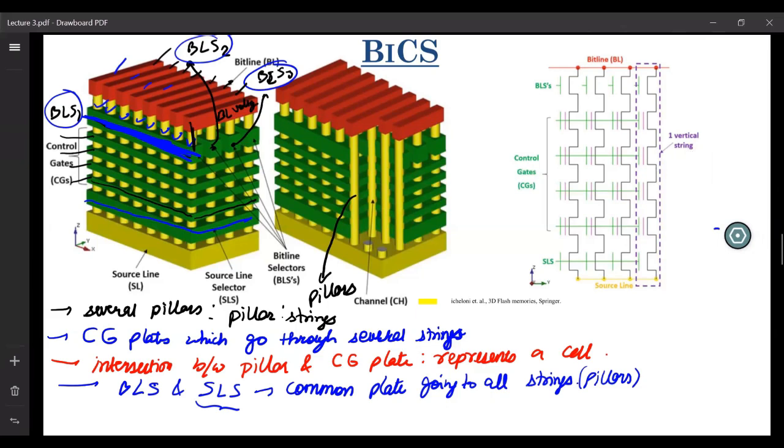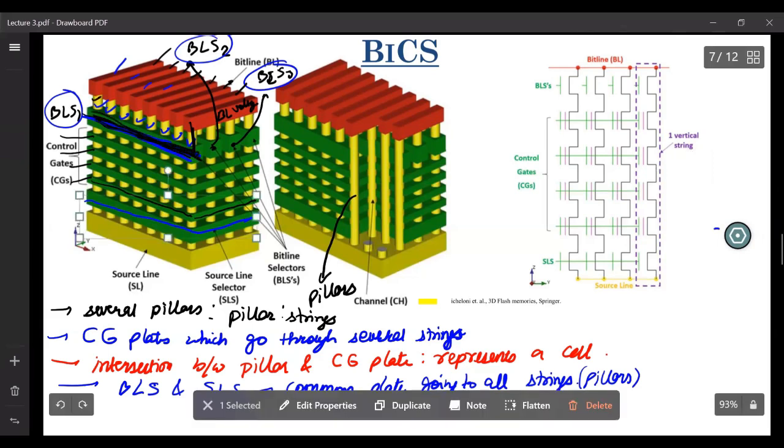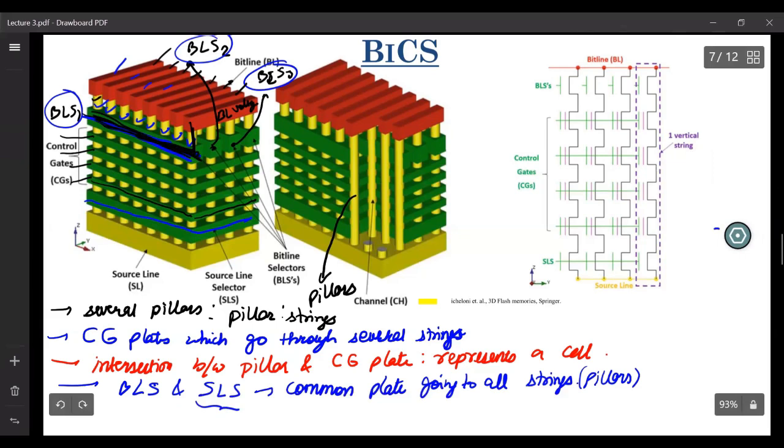So for reading, you first select only this bitline select. If you do that, you turn on all of these strings. Then, depending upon what bitline you are choosing, you can select a particular pillar or a particular string. So this is how you read or address one particular pillar.